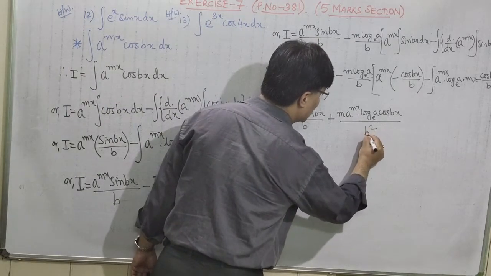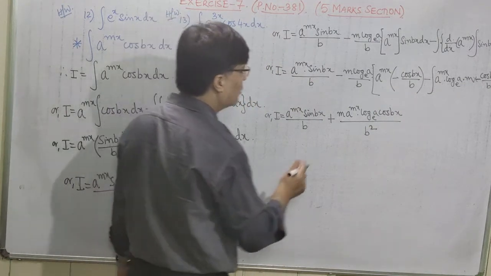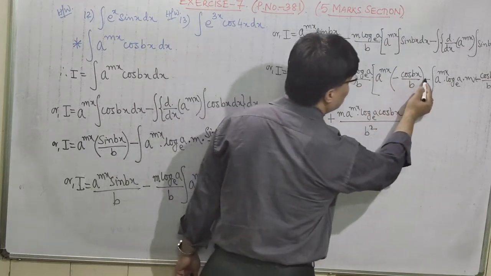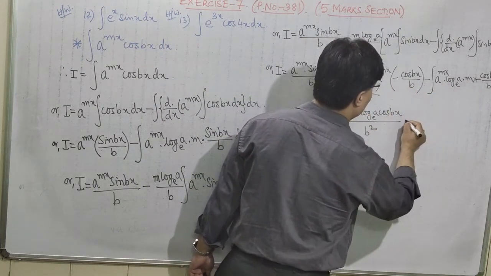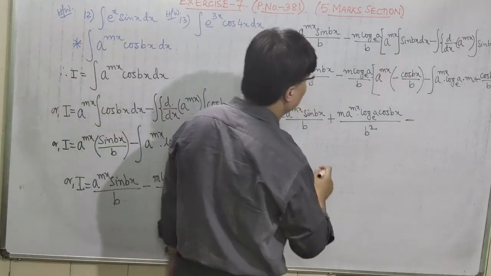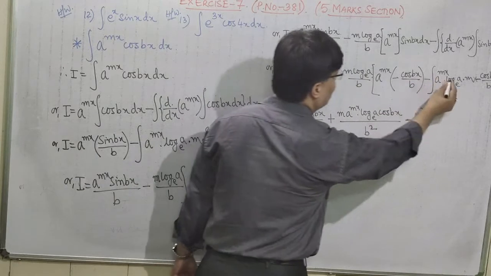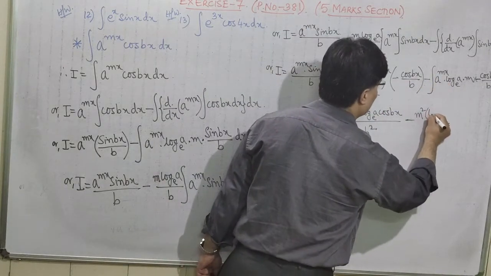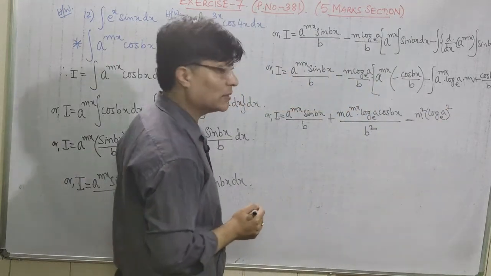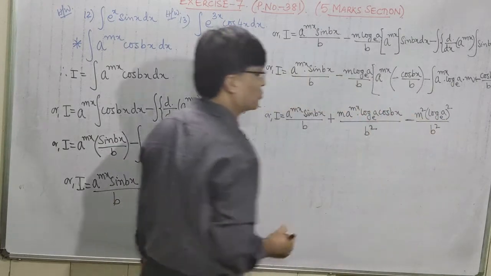Now next, minus into minus is plus, plus into minus is minus. So I think you have understood it. In this case, m into m is m square, log a base e whole square, and b into b, that is b square.